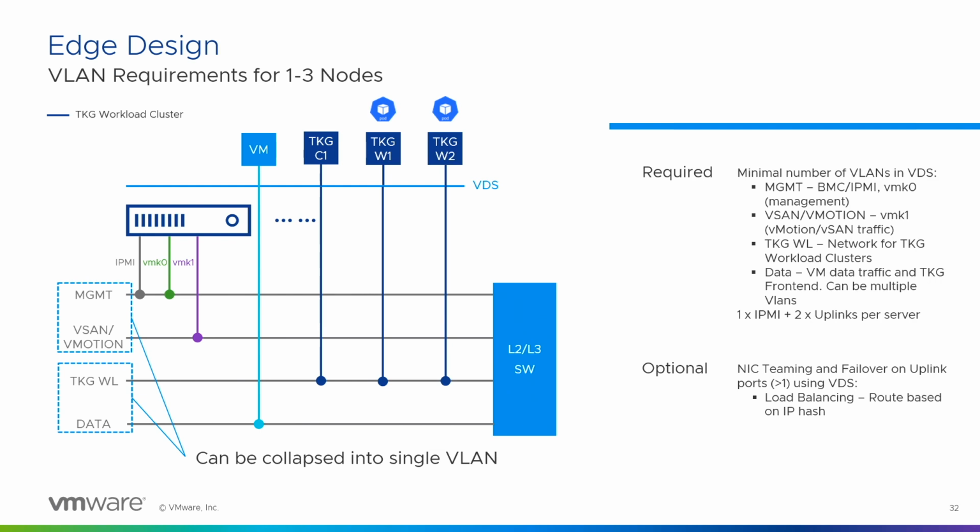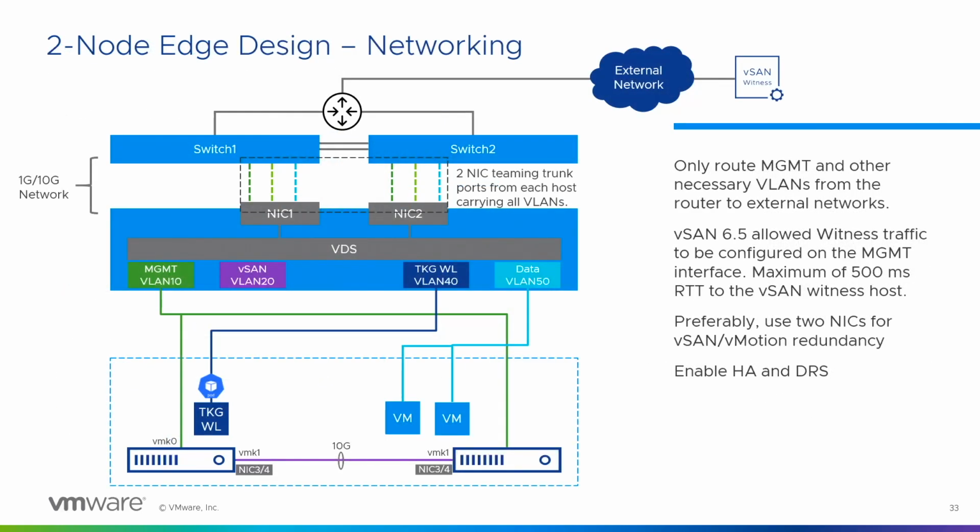Not that I would recommend it, probably definitely separate management from everything else, right? So maybe management, vSAN, and vMotion in the same network, and then your TKG workload cluster and the VMs. If you don't have a whole lot of segmentation needs at your edge sites, then you can consolidate them in a single VLAN. Okay.